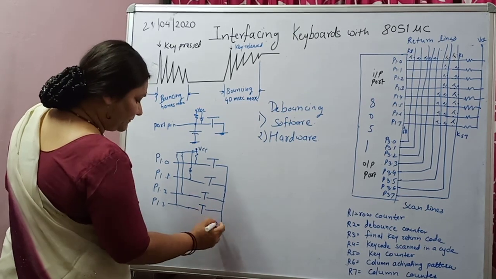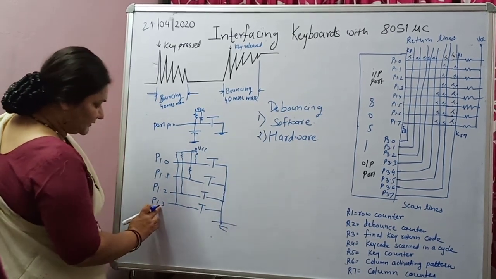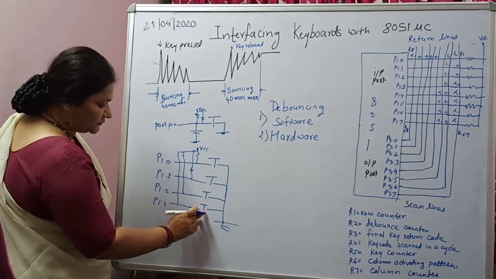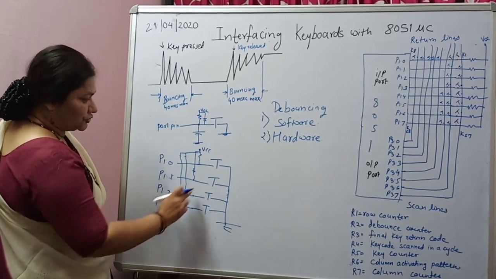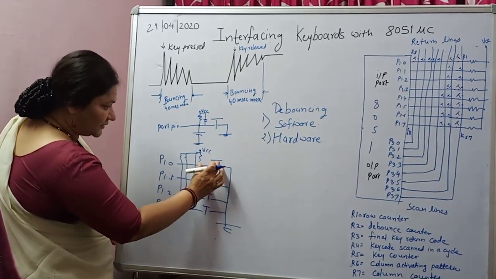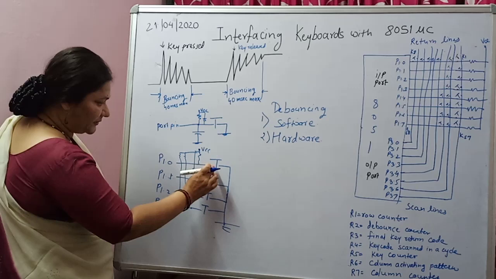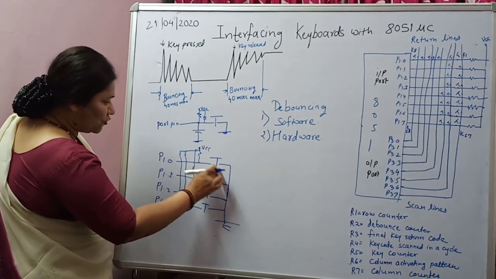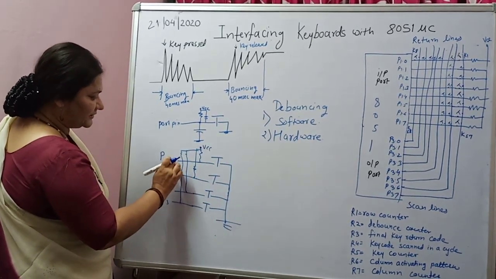Here also you will have a pull up resistance connected to VCC. So when you press the key, what should be the status of the port pin? The status of the port pin should be 0. Whenever the key is released, that means the key is not pressed, it is open, so what is going to the port pin? It is high.